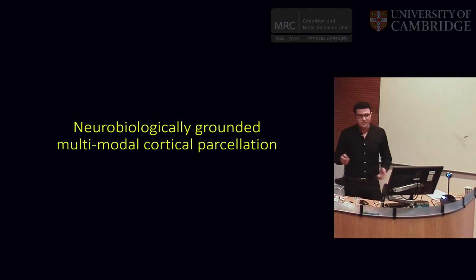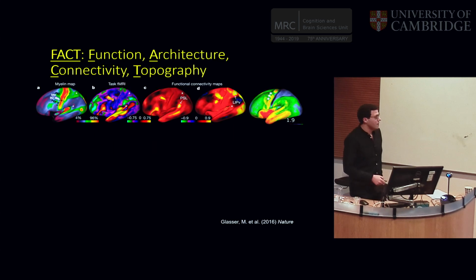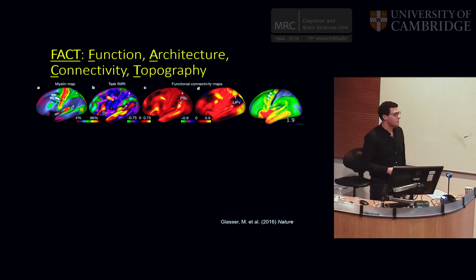So armed with these high-quality multimodal data, it was time to find some landmarks in the cortex. What previous studies have done is to use only one of these features to divide the cortex into several regions. What the HCP approach has done is to avoid the biases of using a single modality and find convergence from different modalities.